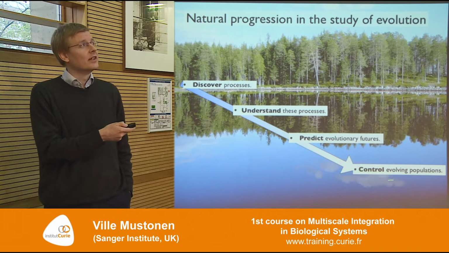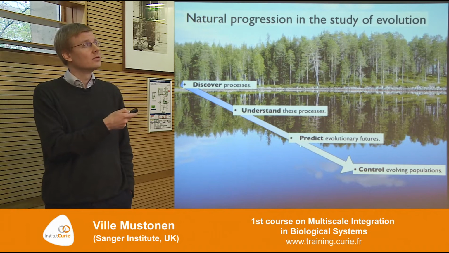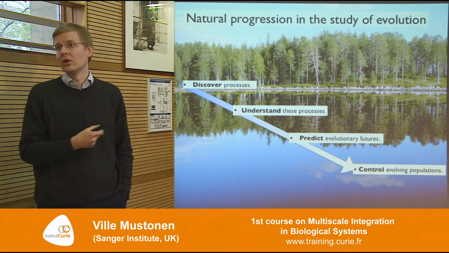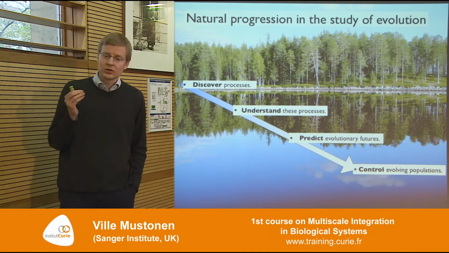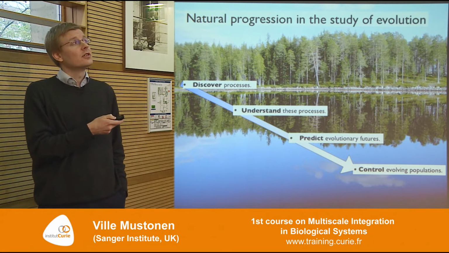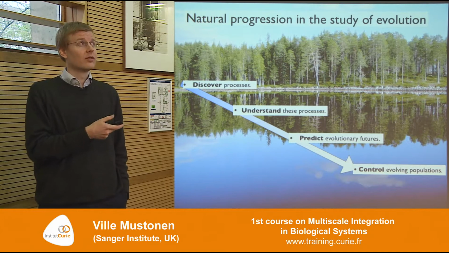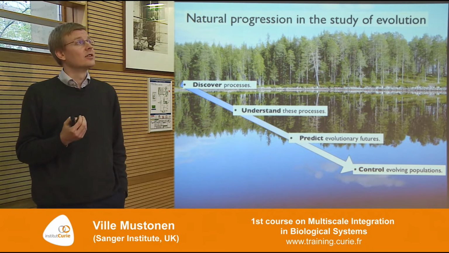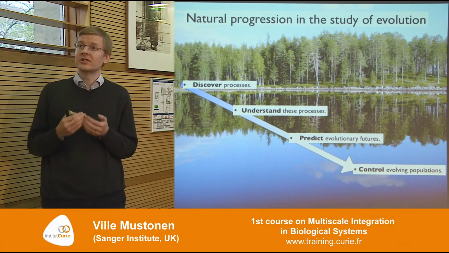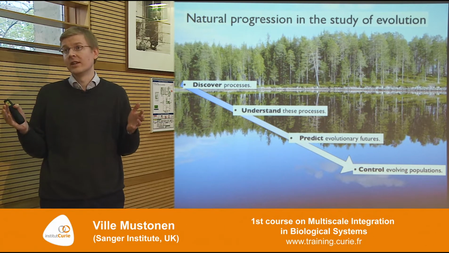Then the last level is that we should not be content if we can predict evolutionary futures, but we in fact want to control evolving populations. And this control problem is actually at the heart of drug resistance. At first, the idea that we want to control evolving populations may sound arrogant, but that's actually what happens in every successful application of chemotherapy, let's say.